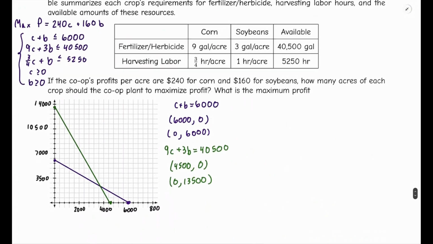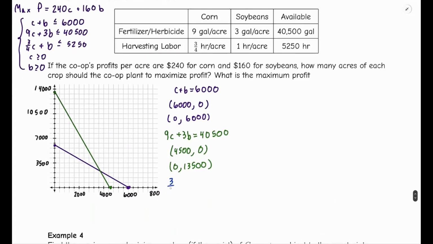And then the last one, we get 3/4 C plus B is equal to 5250. If I cover up B, I need to divide by 3/4 or multiply by 4/3. So 5250 times 4/3, and we're getting 7,000 for my C-intercept. If I cover up the C, we just get that B is 5250. So we're getting 5,250 for the B-intercept.